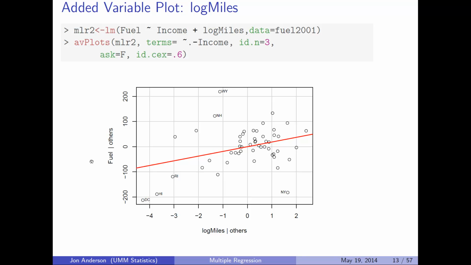Income has gone in and consumed the variation in the fuel consumption pizza, and the question is, will log mileage have anything left to explain? Will it be able to consume some useful variation? And it looks like there is a trend. And this would suggest whenever there is a notable upward or downward trend, it suggests that the candidate variable that you're thinking about adding to the model, in this case log miles, is going to be helpful in explaining the leftover fuel variation.